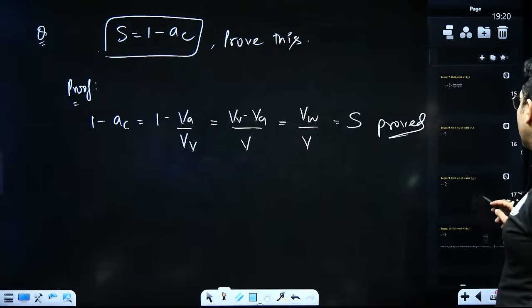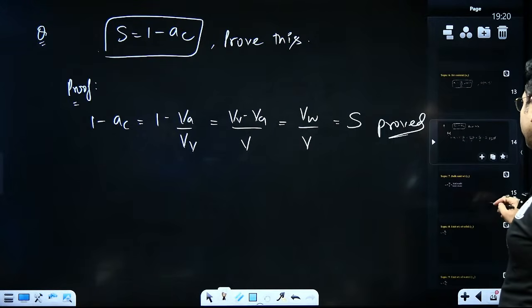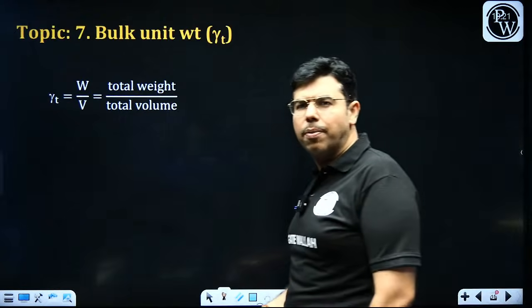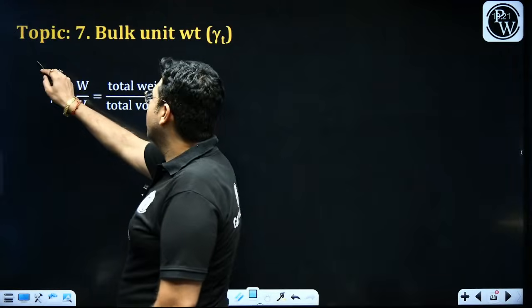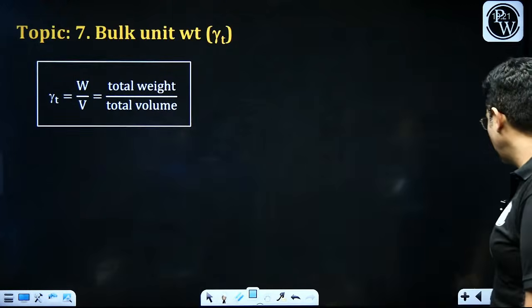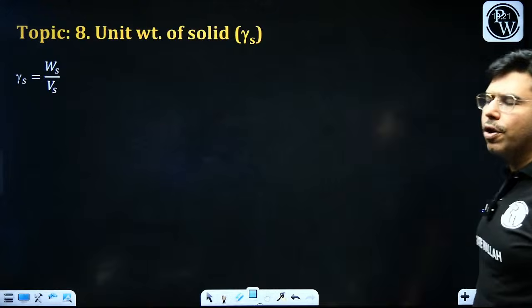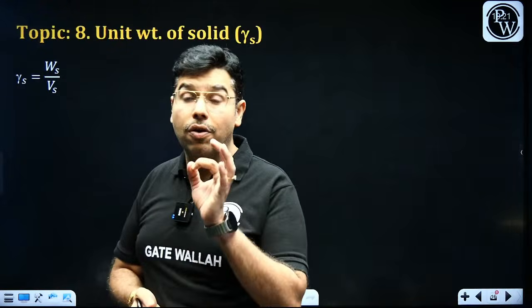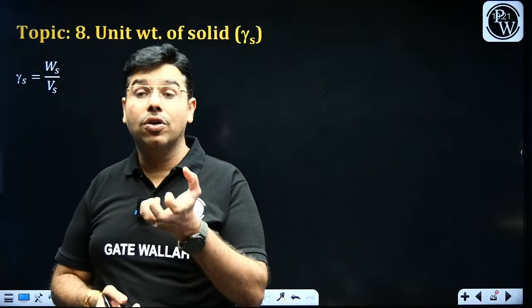Okay. Now let's see one more term here. Bulk unit weight, that is total weight of soil divided by total volume of soil. This is my bulk unit weight of soil. Simple definition, not a problem. Now unit weight of solids is the unit weight of soil solids through which the soil is made.